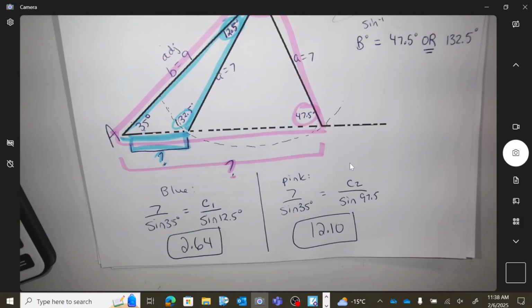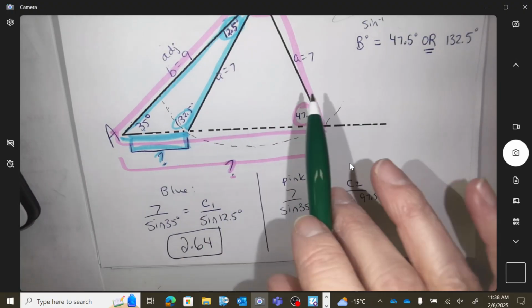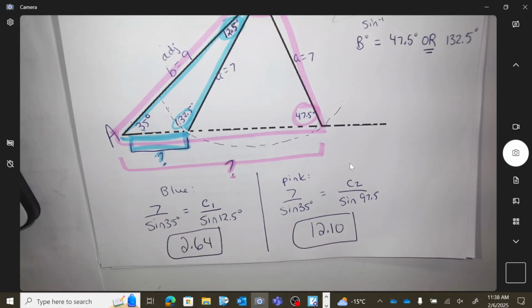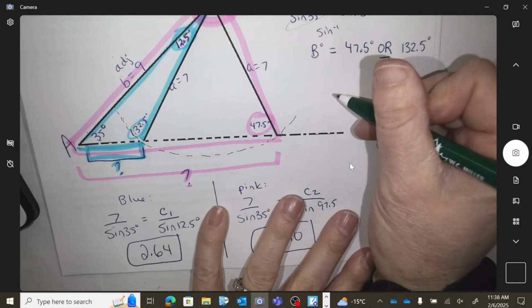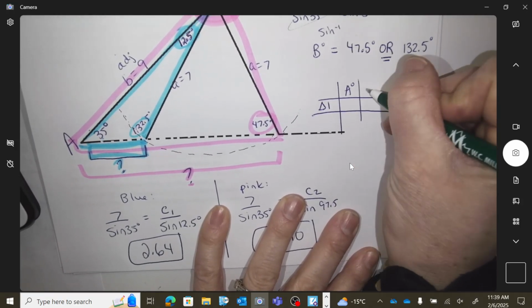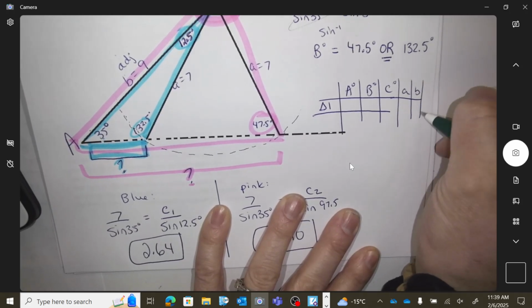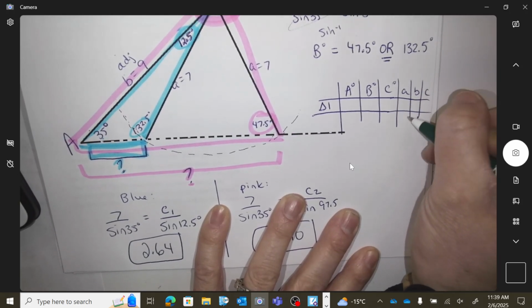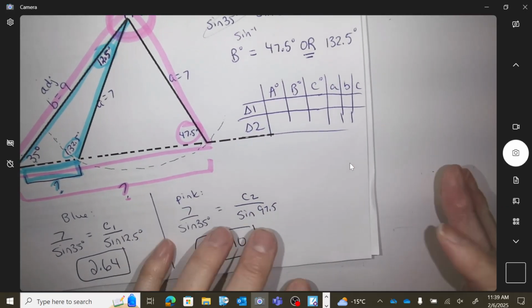Okay, I'm done teaching. I just want to talk about a few things. I really encourage colors on this one, just to keep those ideas straight. Some people like charts. So you could be like triangle 1, A, B, C, A, B, C. You can make a chart.